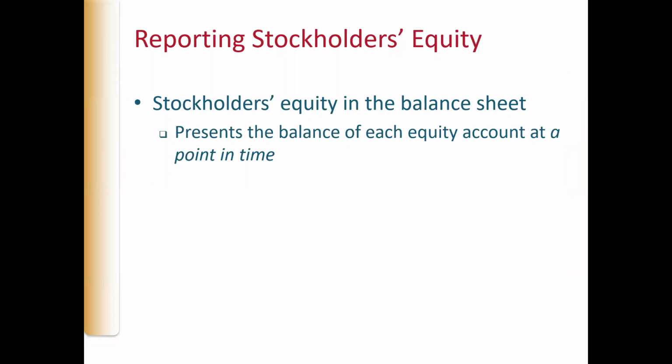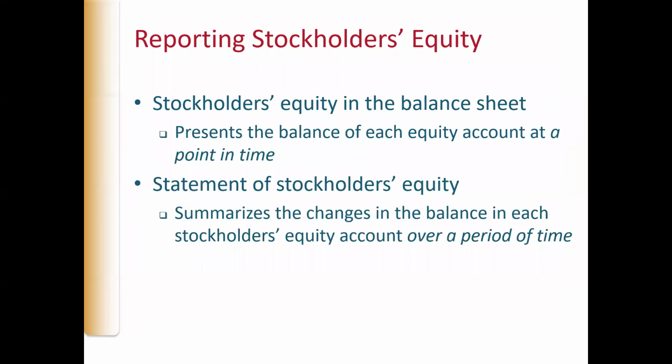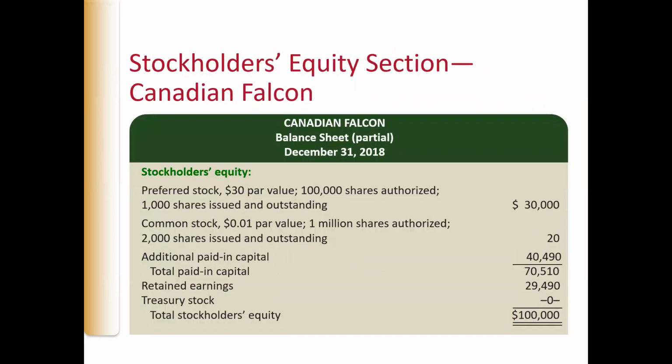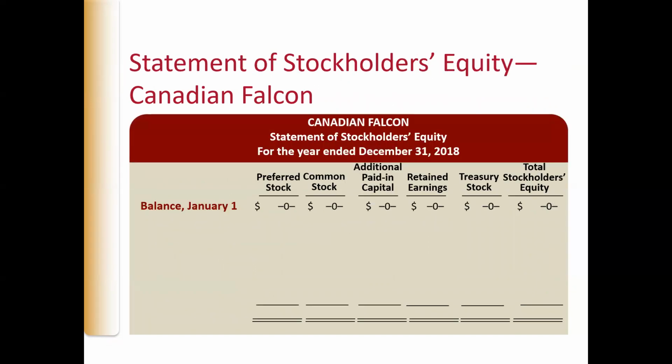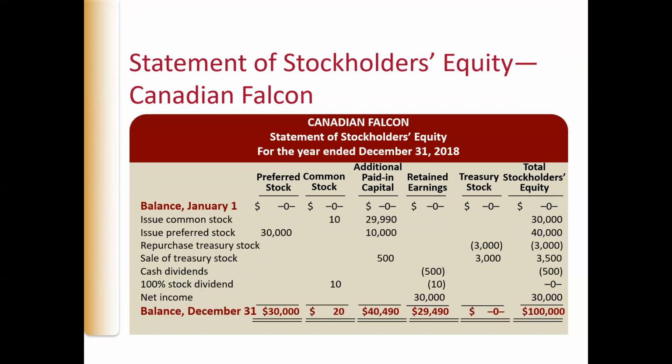The stockholders' equity section shows, at a point in time, a snapshot of where we sit. The statement of stockholders' equity gives us the detail of what happens throughout the year.